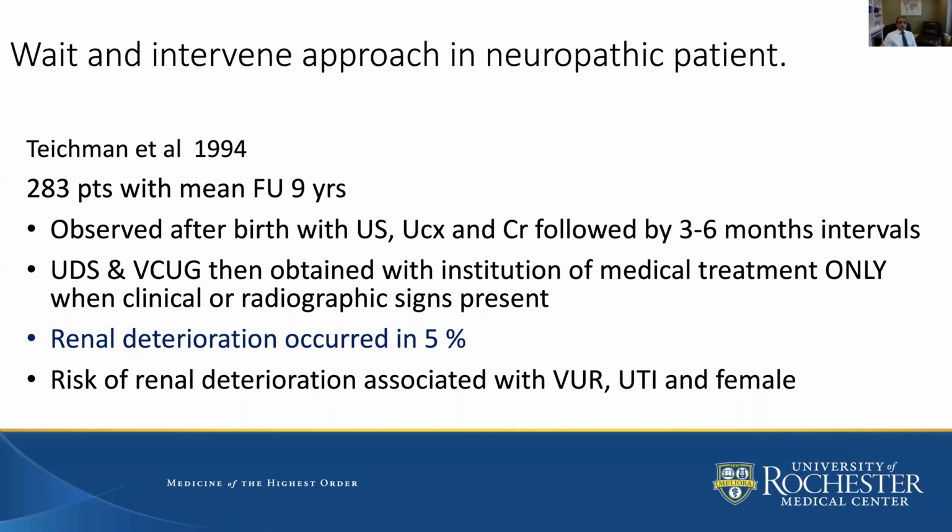Urodynamic studies and VCUG were obtained when clinically indicated, or if there was radiological deterioration. He found that renal deterioration occurred in only 5% of this group, which is similar to intervening early in life.